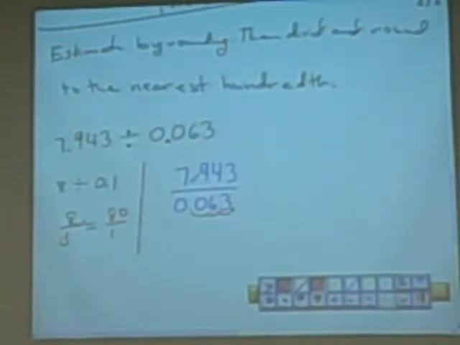So that means for the numerator we have to move that 3 places. So we're looking at 7943 divided by what? 63. Okay, so let's look at this again.